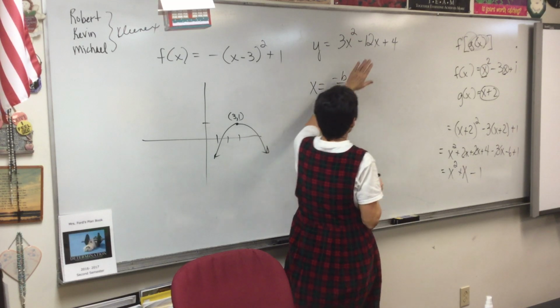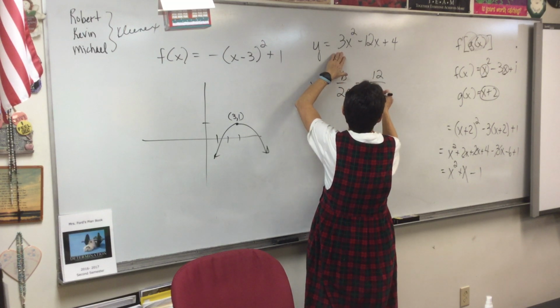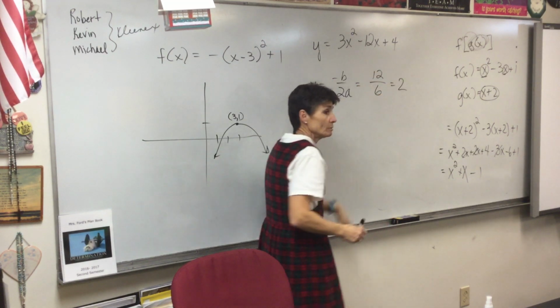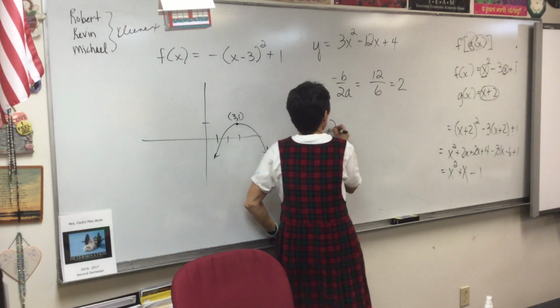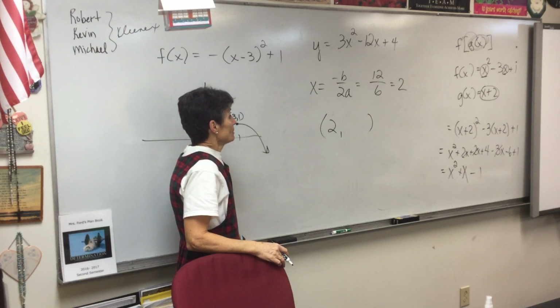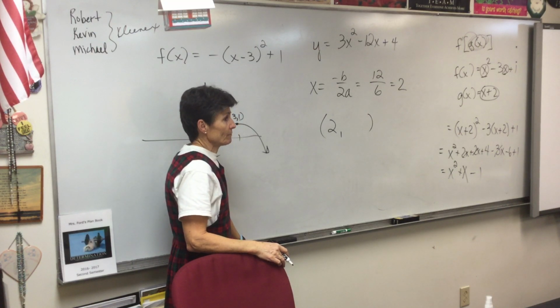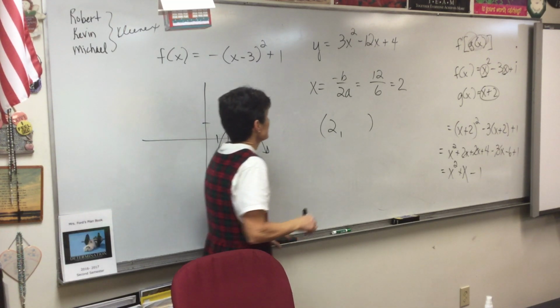So for us, negative b over 2a gives us 2. It's not the answer. That's the x part of the answer, right? No, we don't put 0 in for x. We put 2 in for x. This says x is 2, so we're going to put 2 in for x.